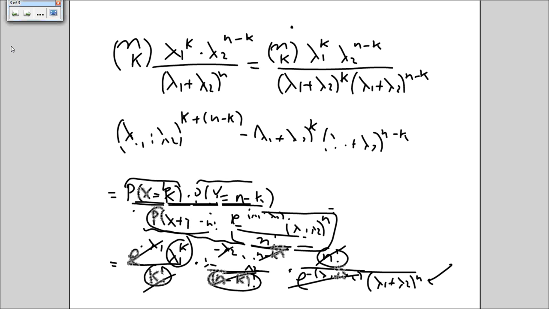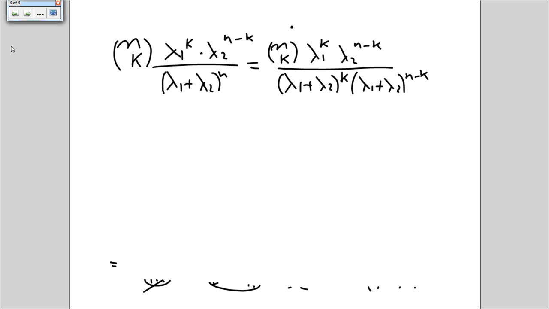If you have a to the q divided by b to the q, notice the powers are the same. You can divide a by b first and then raise that to the q power. That's the only thing we're going to do, and then we'll be done.